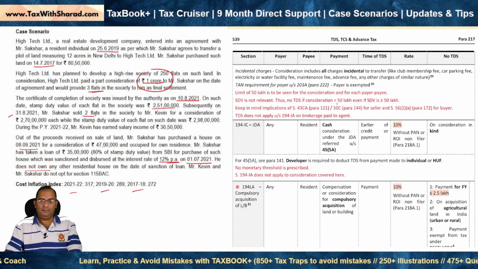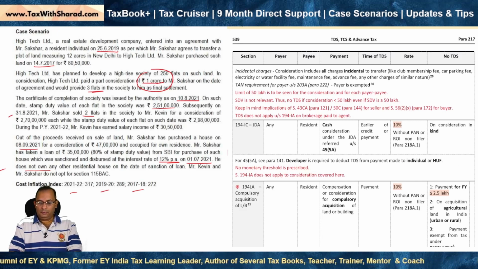Okay, out of these 3 flats, Mr. Sakshar has sold 2 flats to Mr. Kevin, and out of the consideration of cash of 1 crore, Mr. Sakshar has purchased a self-occupied property by taking a loan from SBI on which interest is being charged at 12% per annum, and he does not own any other residential house on the date of sanction of loan, and both Mr. Kevin and Mr. Sakshar have not opted for section 115BAC.